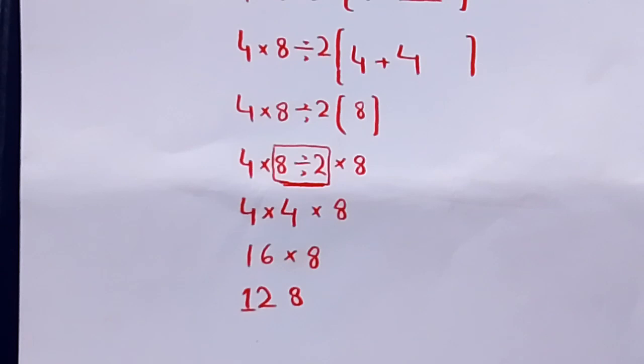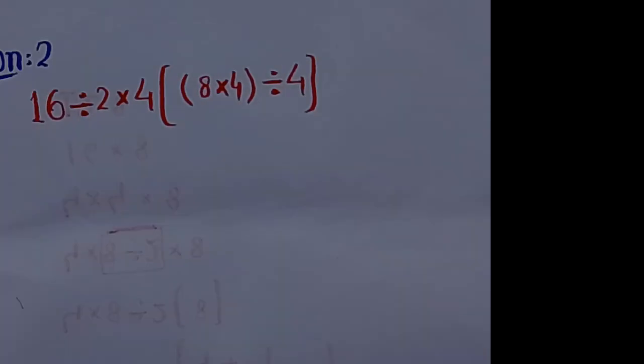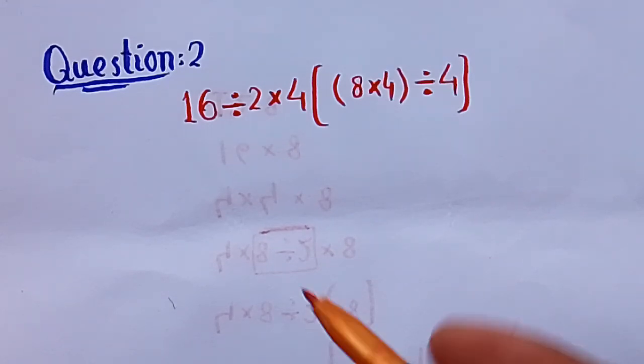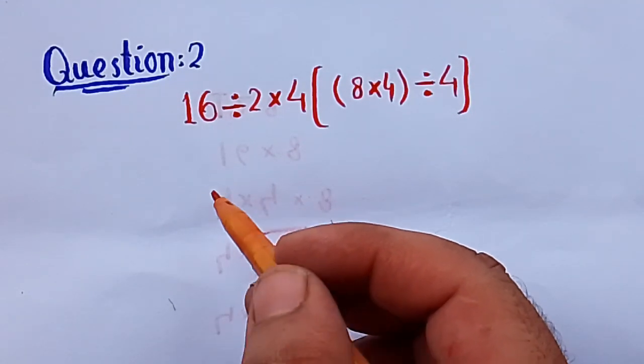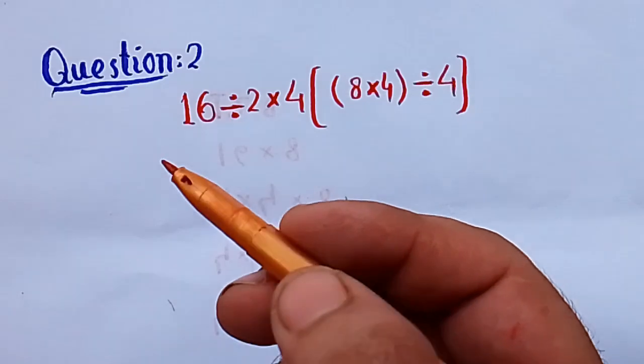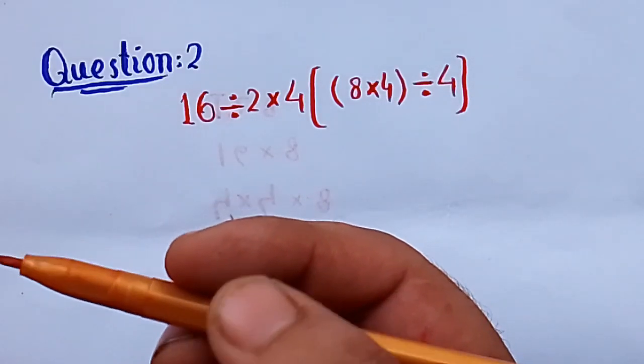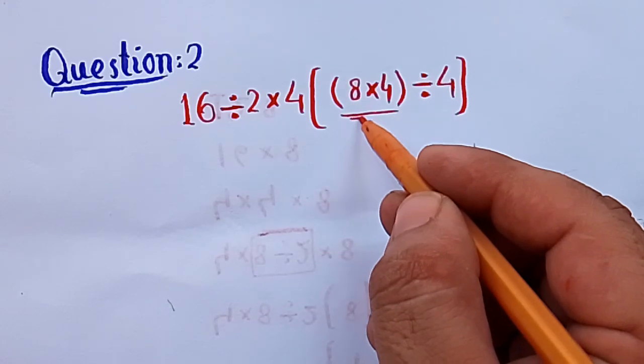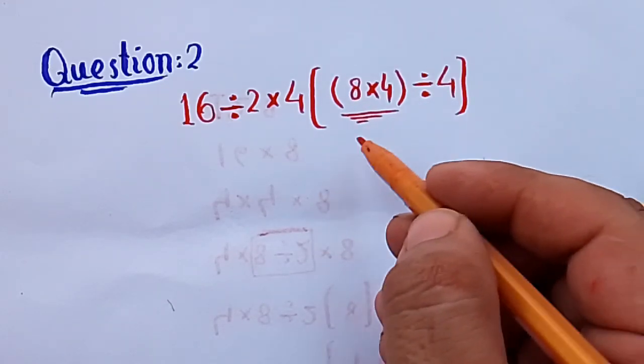So that's how, when different operations are involved, we have to apply the BODMAS rule. The next question is 16 divided by 2 multiply with 4 into 8 multiply 4 divided by 4. Now we will solve this question using the BODMAS rule. According to BODMAS, bracket order means we solve this bracket first, and after that the large bracket.